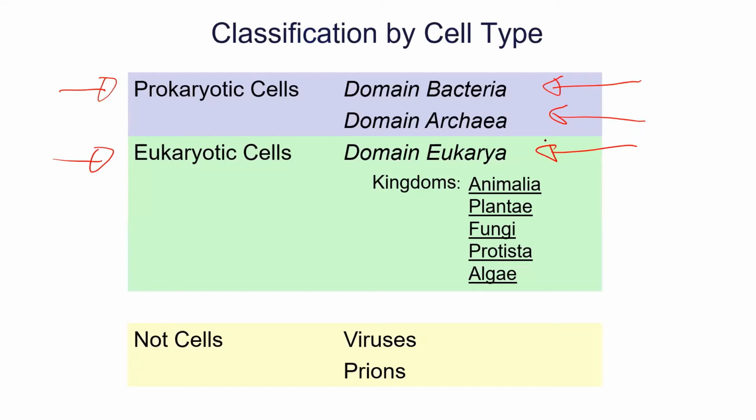And the eukaryotic domain actually includes all these things that you're probably familiar with. So you've got animals and plants and fungi, something called protists and algae. And then, of course, as we talked about last day, there are things called viruses. They don't have cells. They're not usually considered alive, so I kind of put them in their own special table. But they are worth mentioning because biologically we do classify them, and they do impact us in serious ways.